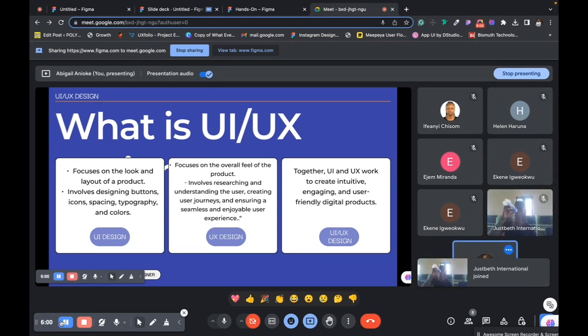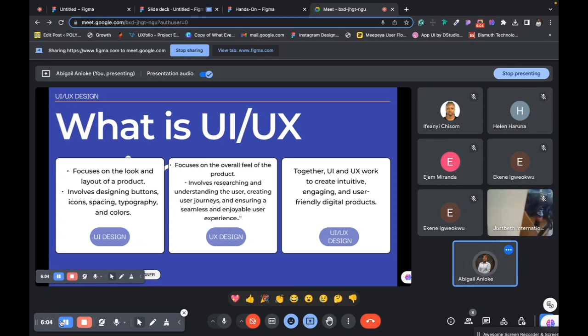For instance, the clothes you're wearing at the moment were made by a designer. This software we are using at the moment, Google Meet, was designed by some set of persons and it's owned by Google. The classroom I can see, someone designed the chairs.